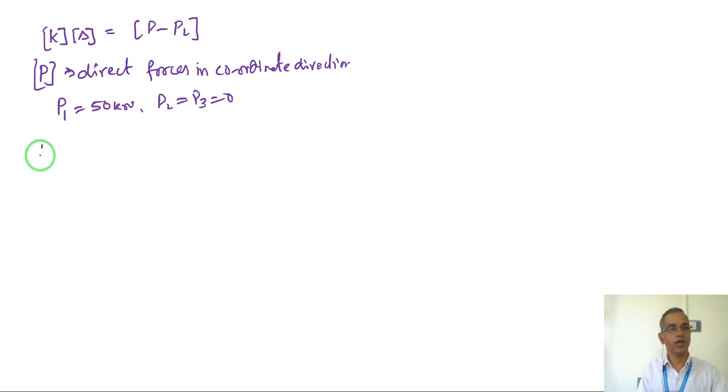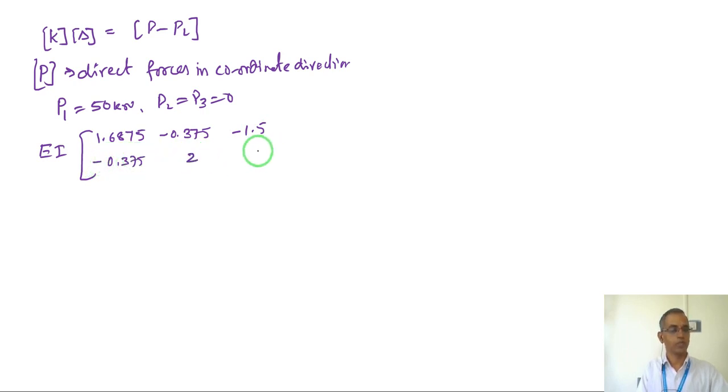So K, taking EI to be common: 1.6875, K12 minus 0.375, K13 minus 1.5, minus 0.375, 2, 0.5, minus 1.5, 0.5.